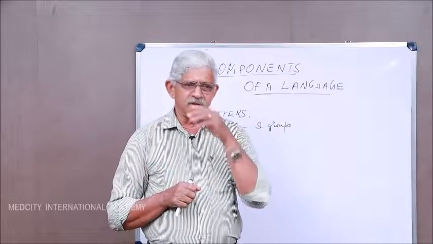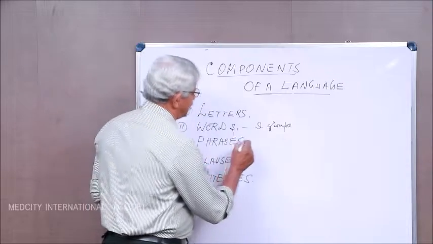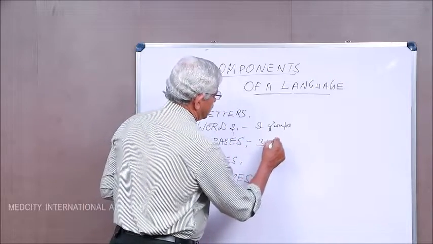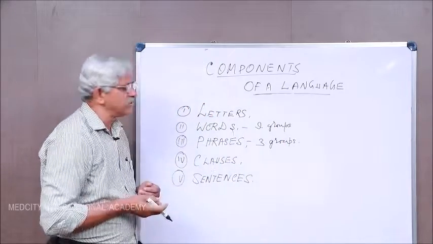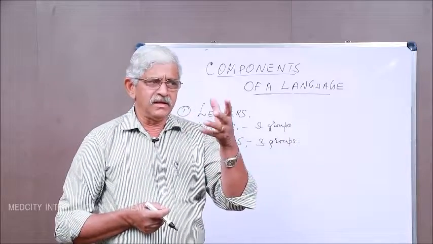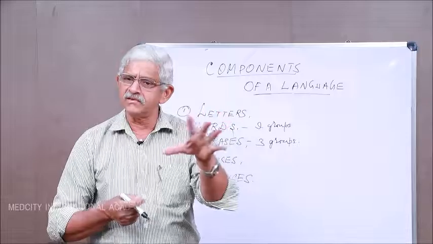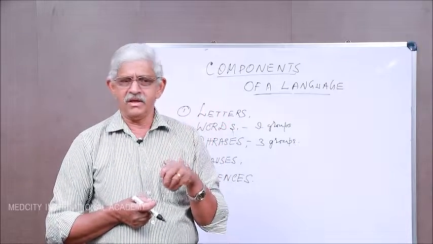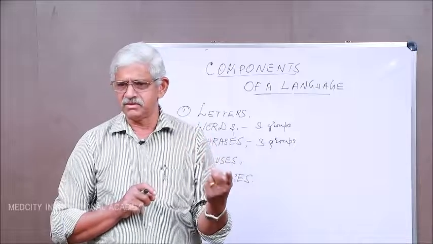And this component is divided into 3 groups. This requires further study, because when the phrase does the work of an adjective, it is an adjective phrase. When the phrase does the work of a noun, it is a noun phrase.